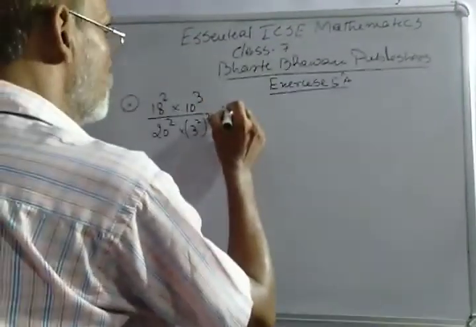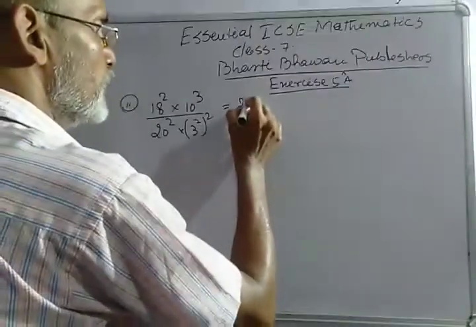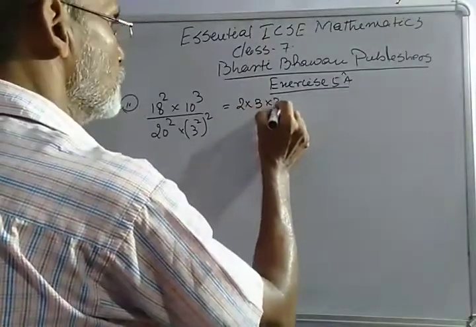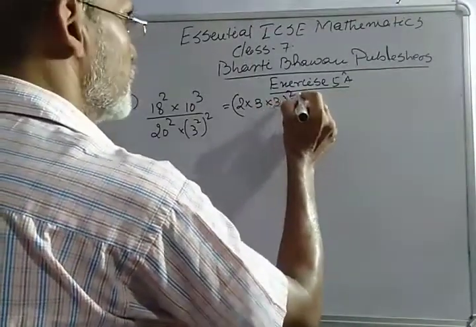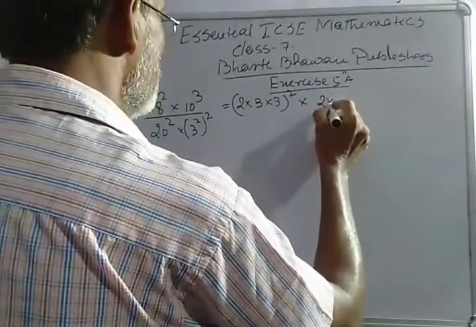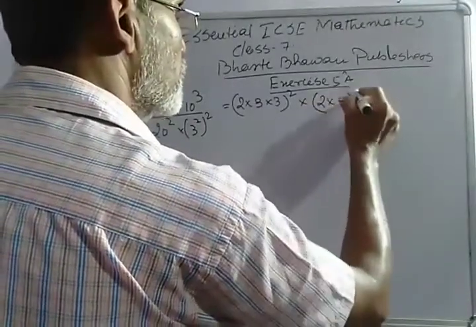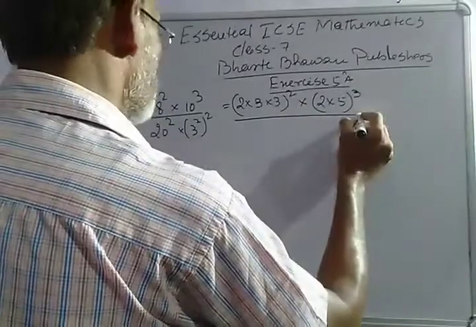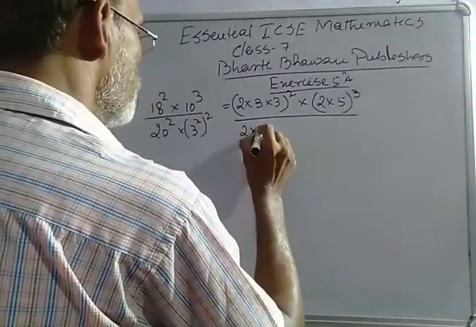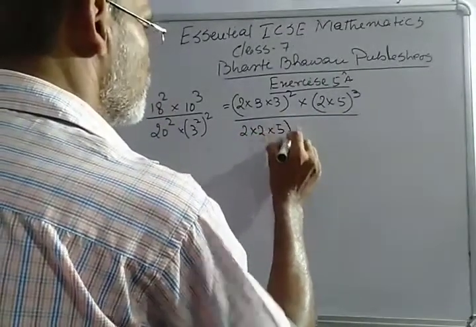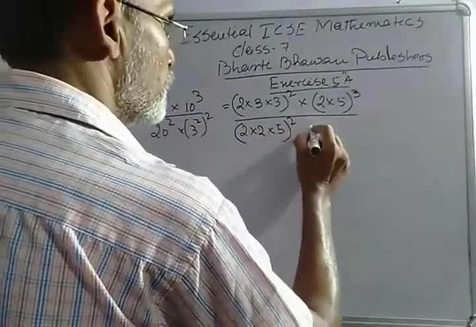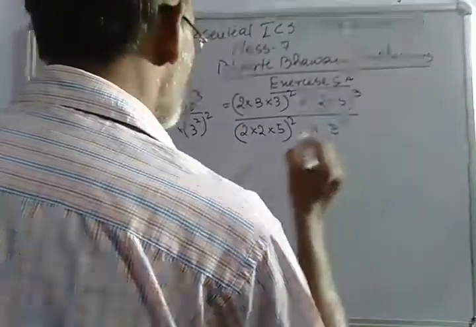So this is equal to 2 into 3 into 3 to the power 2 into 2 into 5 to the power 3 by 2 into 2 into 5 to the power 2 into 3 to the power 4.